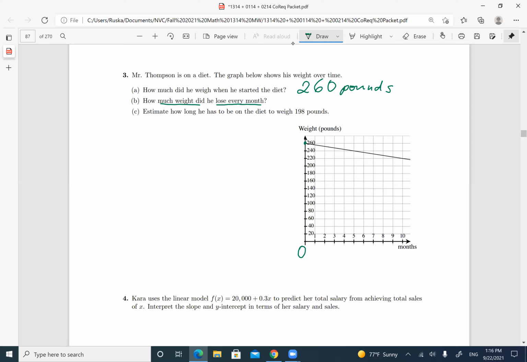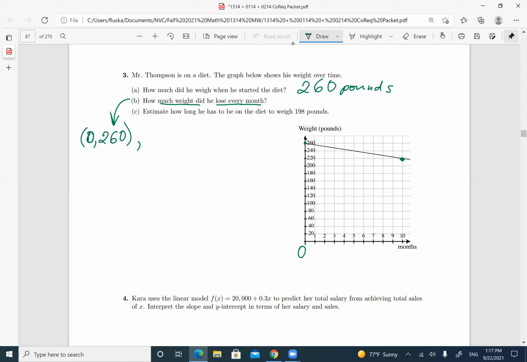So let's see, I'm going to use the points. I'm doing B. I'm going to use when X is 0 months, he weighed 260, right? And I'm going to use another point. Let's pick this one. It's on the line, so that's why I'm picking this one.